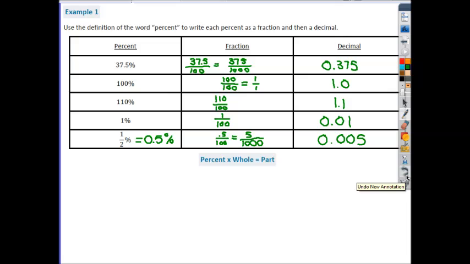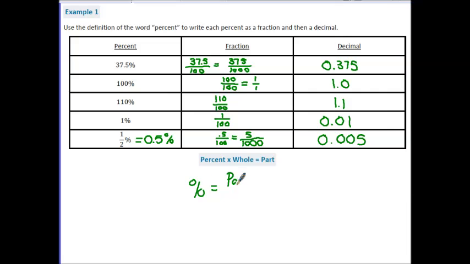Notice that all of these decimals were created by taking percent is equal to part divided by whole. If I take the whole, it's being divided. What if I multiply both sides by the whole? Over here, our wholes would cancel, and we'd be left with just part.